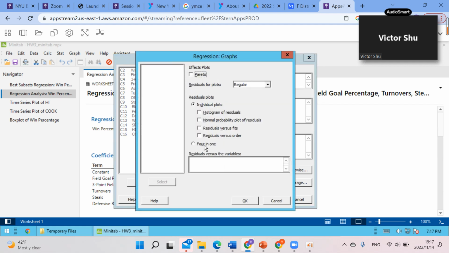And I click on graphs. Like last week, I want to do some residual diagnostics, so I want to have output of the 4-in-1 graph.